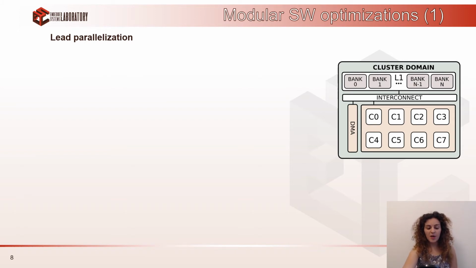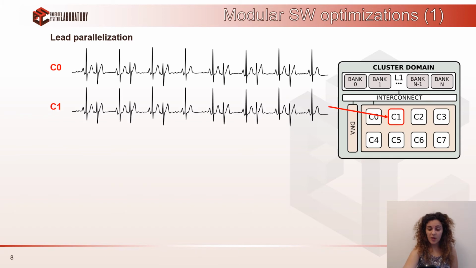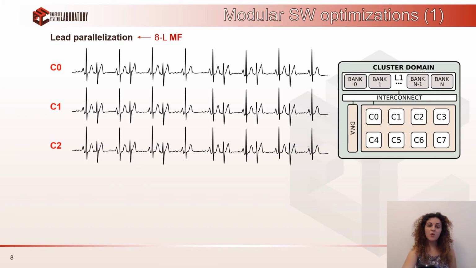In biomedical applications, it often happens that multiple leads or channels are acquired, and each lead can be processed by a different core. We use this technique for the 8-lead morphological filtering. However, in a lot of cases, the input signal is a single lead, so this parallelization cannot be applied.